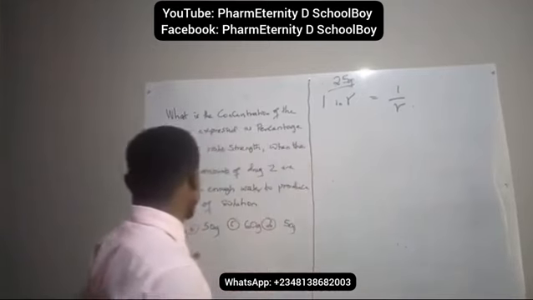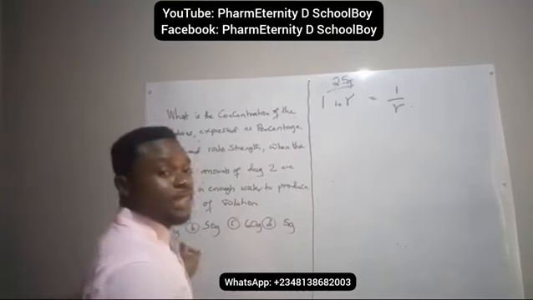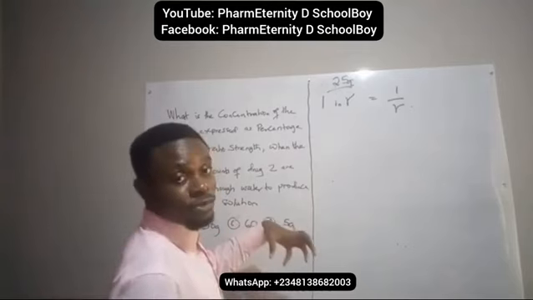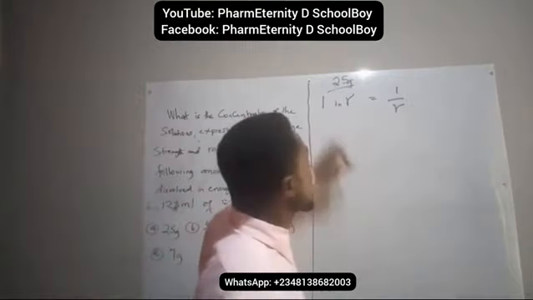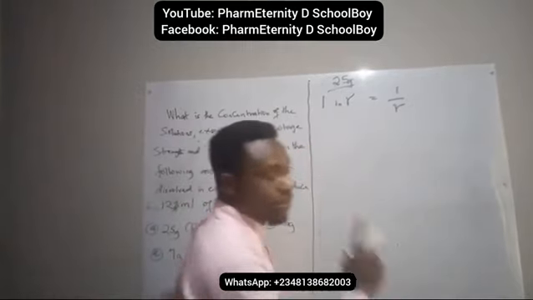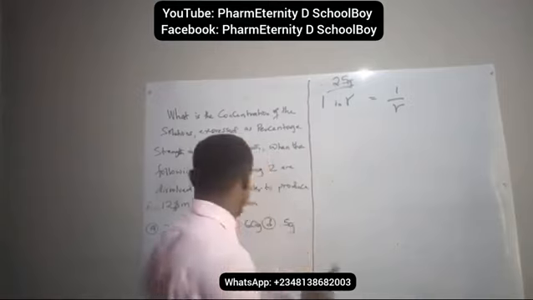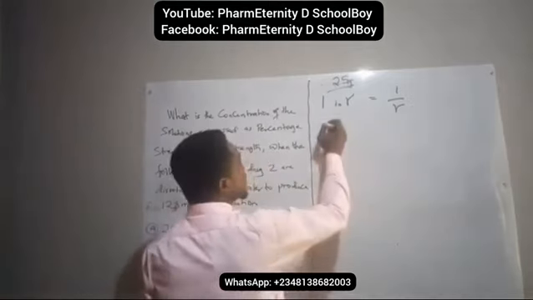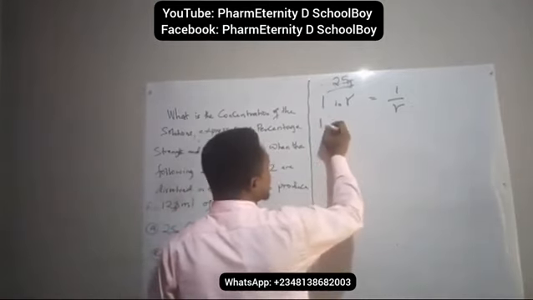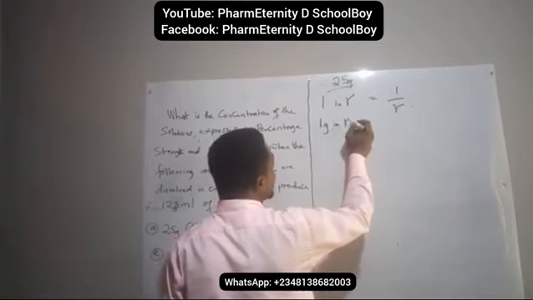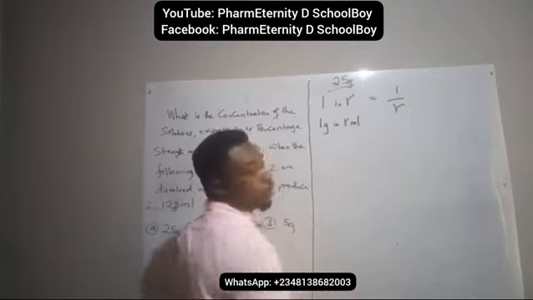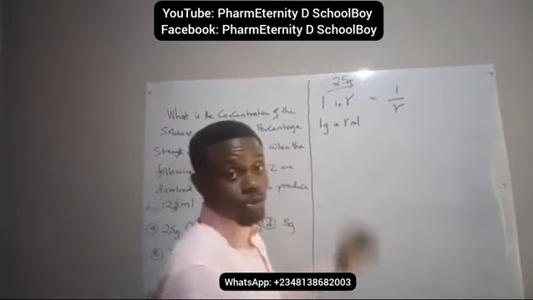Now that we are dealing with solid ingredients that are dissolved in a liquid, this 1 here represents 1 gram of the solid ingredient in R ml of the entire what? Solution.